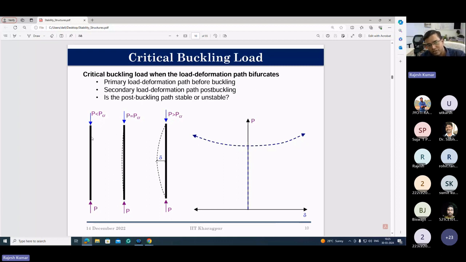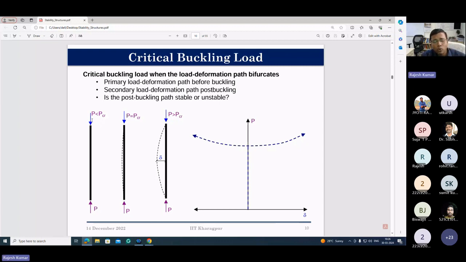Look at this first column, P less than PCR. Second one, P equal to PCR. Third one, P greater than PCR. Three examples I have given to you. Now try to understand this.